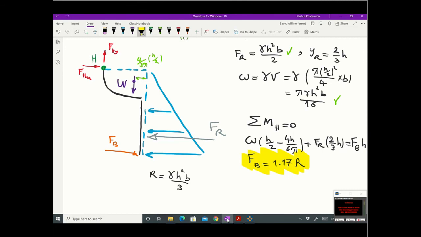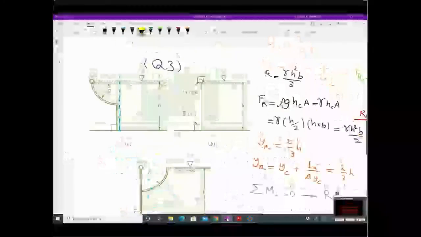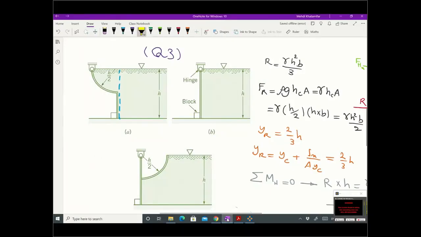But the area, compared to the height of the body, is h by 2, and the center is h by 2. Let me show you. See, same height, same depth, and for that the dotted line is the same. So there is no need to take a different approach, because it's a semicircle.